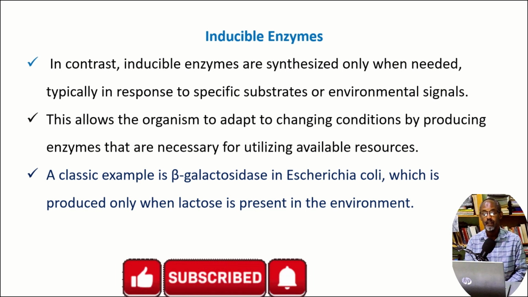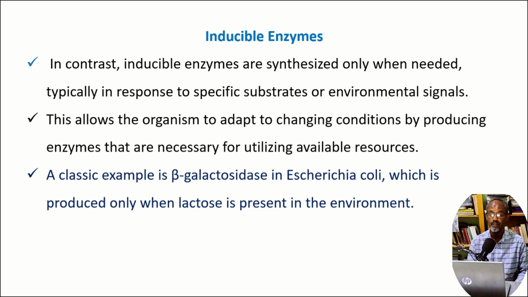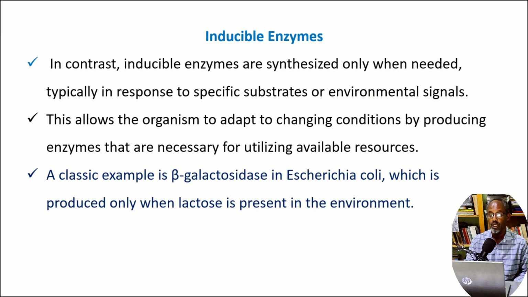Therefore, lactose is a signal from the environment. If this bacterium is put in a medium rich in lactose, lactose serves as a signal for the gene that produces beta galactosidase, so that beta galactosidase can be produced, which is involved in the metabolism of lactose.